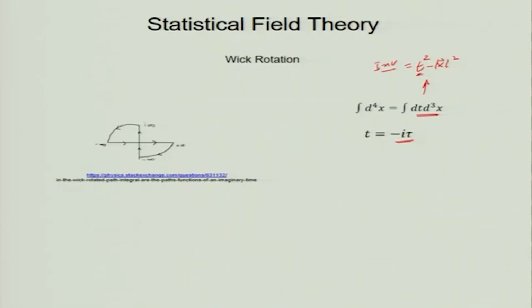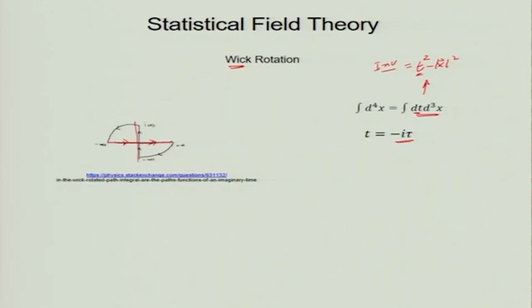This change of variable is called Wick rotation. Wick is a person, so Wick's rotation. The idea is that we are doing the integral in time along the real line. But I want to do it along the complex line.